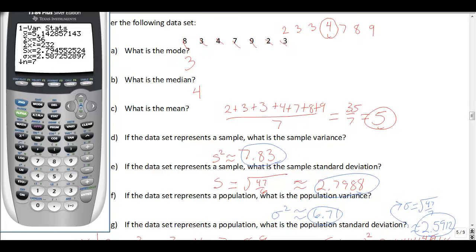A couple things. This x bar, that's the mean, 5.14. Oh wait, we got a mean of 5. So that tells me either I miscalculated this mean or I misentered some of the data. So let's go back and look at our list here. Edit. Let's see, we have 8, 3, 4, 7, 9, 3, 4, 7, 9, 2, 3.